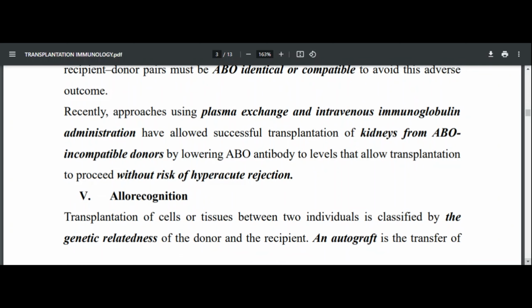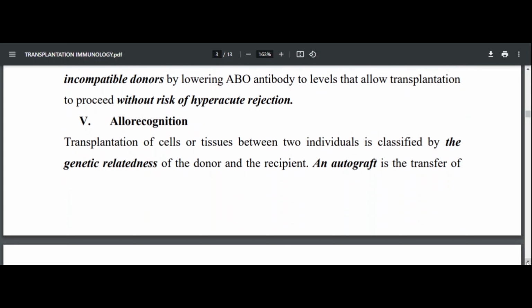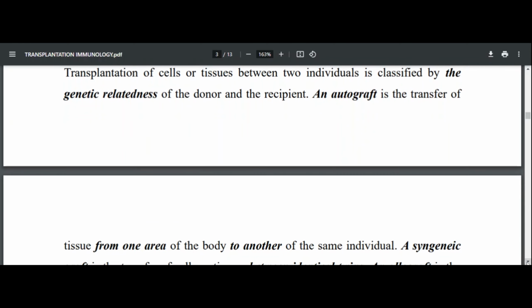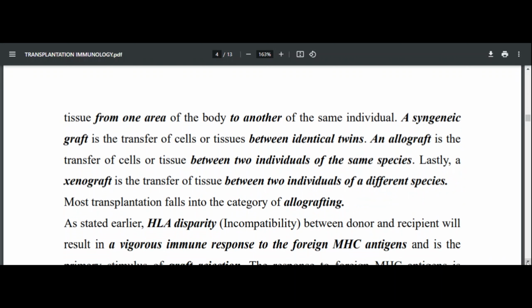Transplantation of cells or tissues between two people is classified by the genetic relatedness of the donor and recipient. An autograft is a transfer of tissue from one area of the body to another. A syngeneic graft is a transfer of cells or tissue between identical twins, and an allograft is a transfer of tissue between two individuals of the same species.